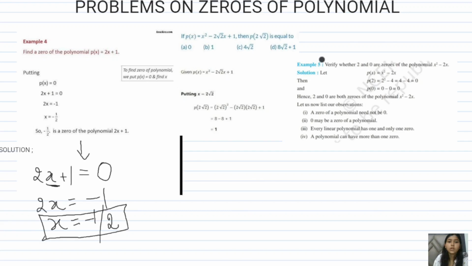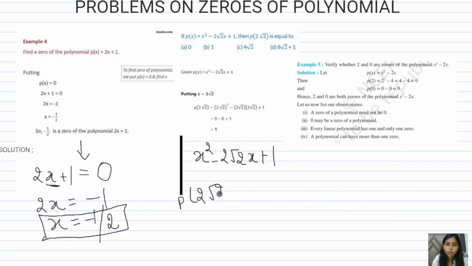Now let's get to another question, and you can also get these types of questions too. If p(x) is equal to x square minus 2 root 2 x plus 1, then what will be the value of p(2 root 2)?